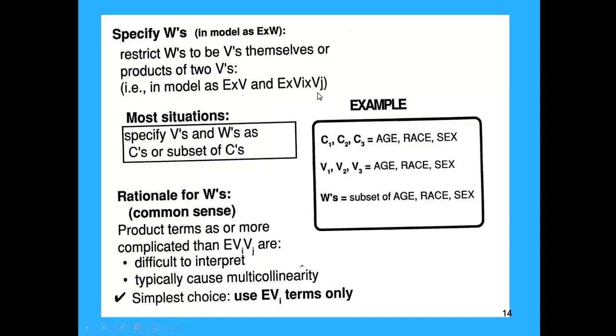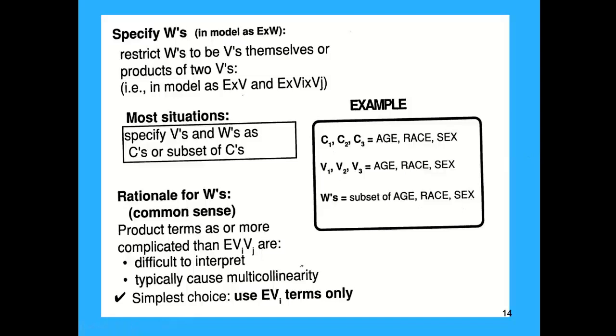Okay? Now, I'm using V's and not C's because, remember, you're starting with C's, but the variables you're really putting in the model are V's, which allow for C's, but even more complicated ones. So in most situations, you would specify the V's and the W's as either the C's or subsets of the C's. If the C's are age, race, and sex, the V's and the W's might just be age, race, and sex.